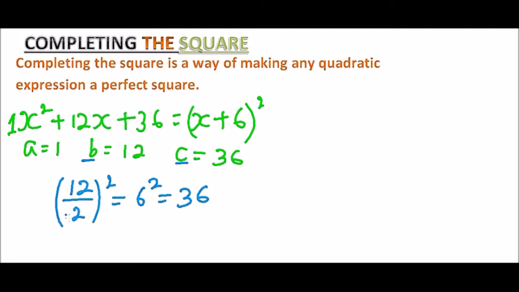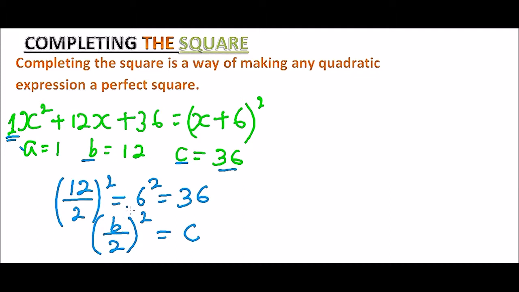So where 36 is our constant, we can relate this and say, if you divide b by 2 and you square it, it should give you c, that is the constant of the expression. And remember, this is when the coefficient of x squared is equals to 1.